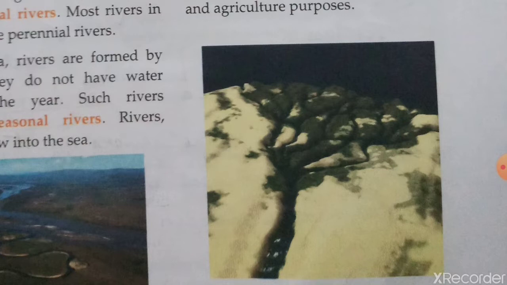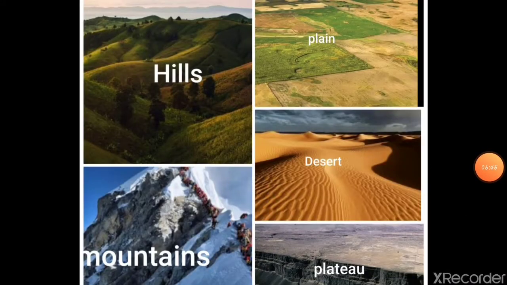Okay students. So the important landforms of the world are mountain, plain, plateau and desert. A mountain is a rocky mass of land that rises higher than the surrounding. A plateau is a large area of land that is higher than the surrounding and more or less flat on the top.